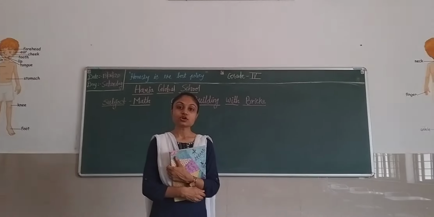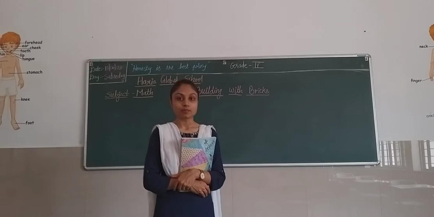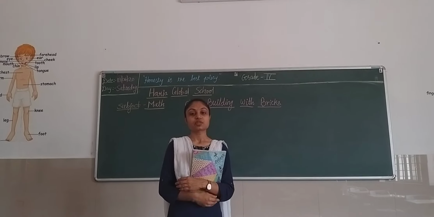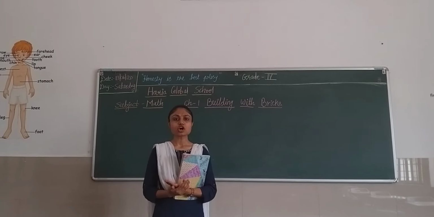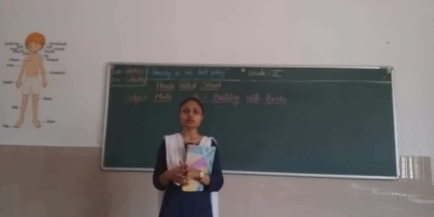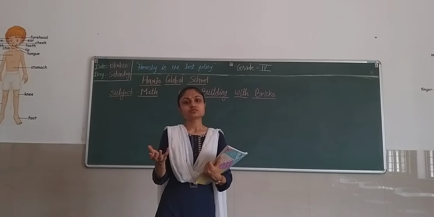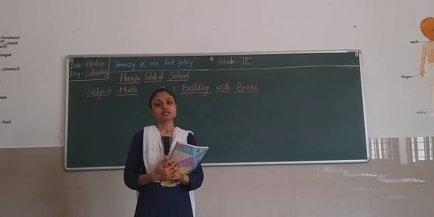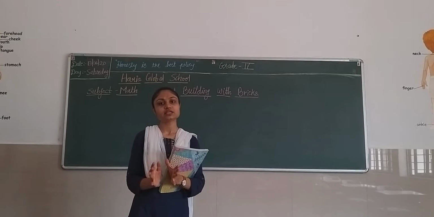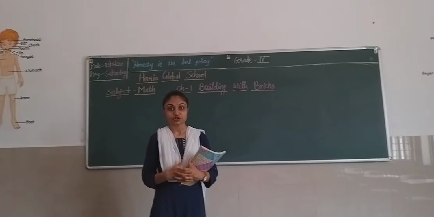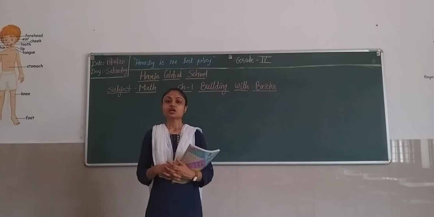Now, first of all, what is this chapter about? Building with bricks. Yes, bricks, we all know what a brick is. A brick is a brown cuboid type. Yes, it is a cuboidal shape and it is a block of cement which is red.